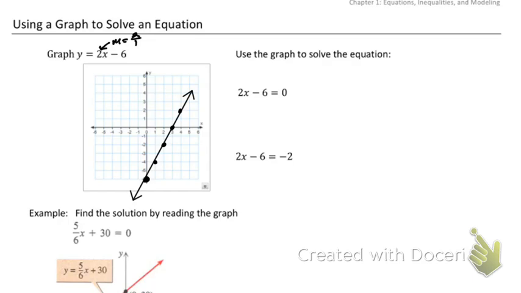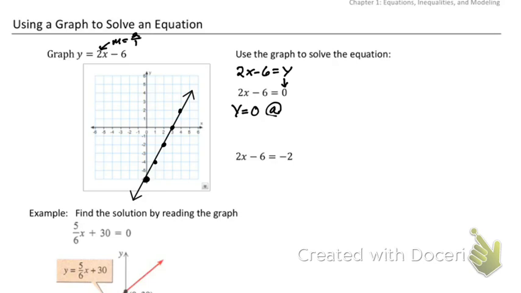All right, our first one is use the graph to solve the equation 2x minus 6 equals 0. Well, if you look at this, our regular equation was 2x minus 6 equals y. The only thing that changed was y becoming a 0. So that means I'm looking at where y is equal to 0. Let's go to our graph and figure out where y equals 0.